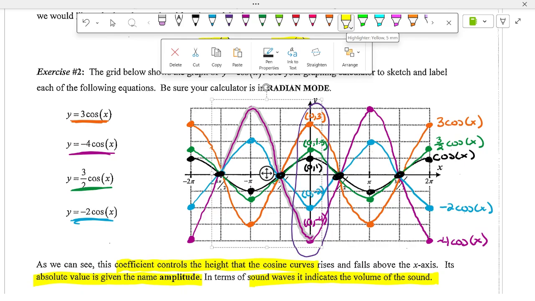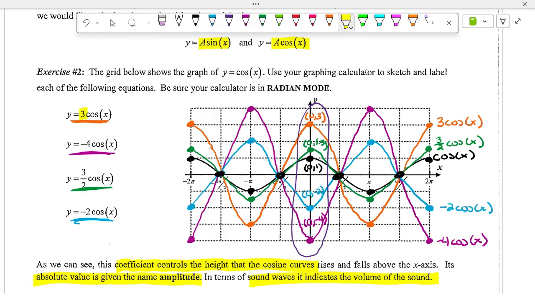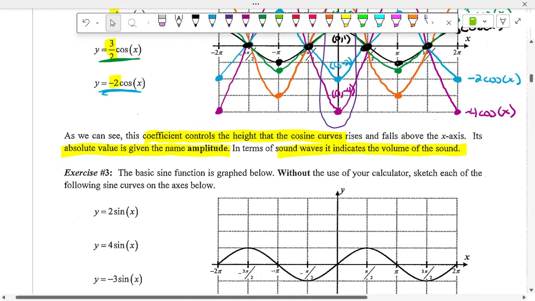So how did I go from 1 to 3? I multiplied by what? 3. Isn't that what the A value was? Same thing with the purple. I multiplied -4 to it. Same thing with 3/2. That's the same thing as 1.5. Same thing with -2. So we can do the same process here.